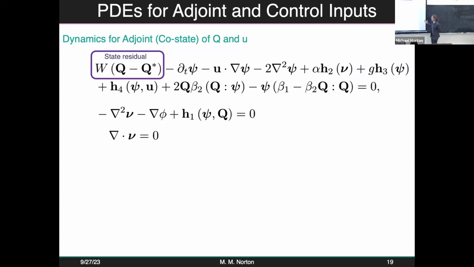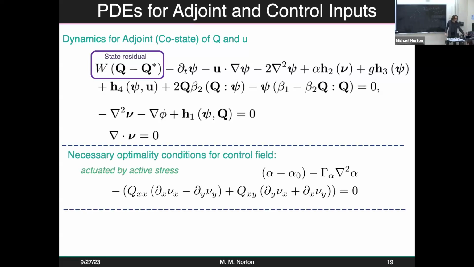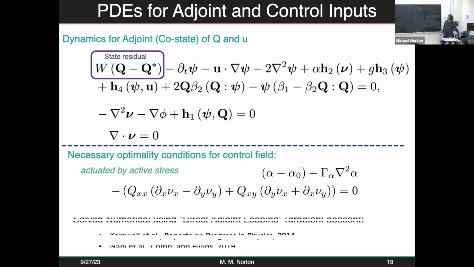The key conceptual part is that these PDEs are driven by the error in our control. The system is not where it needs to be. That's our error, our delta between Q and Q star, and that feeds into our Lagrange multiplier equations. Then we eventually use that information to update our control.